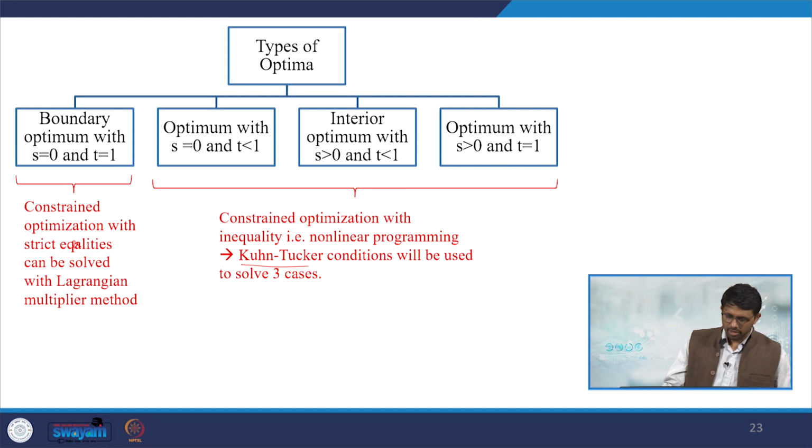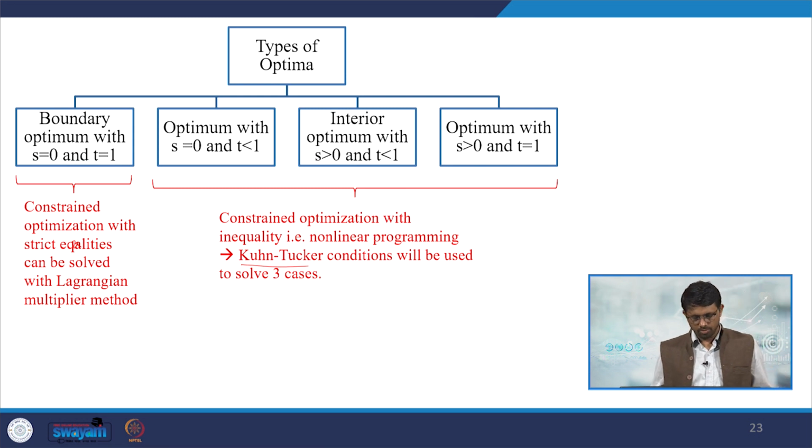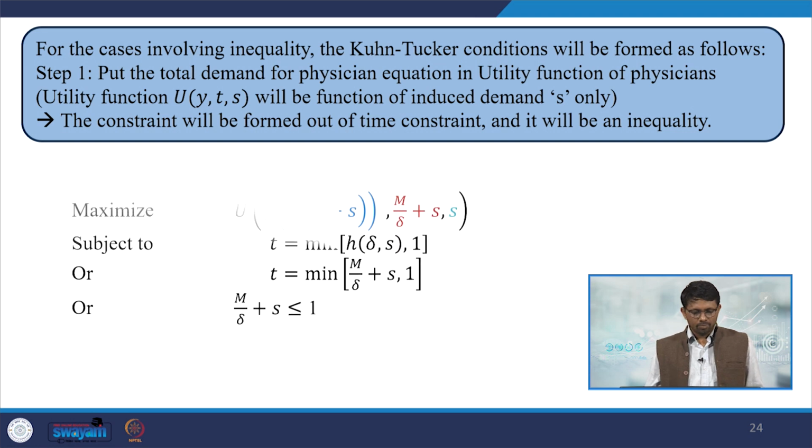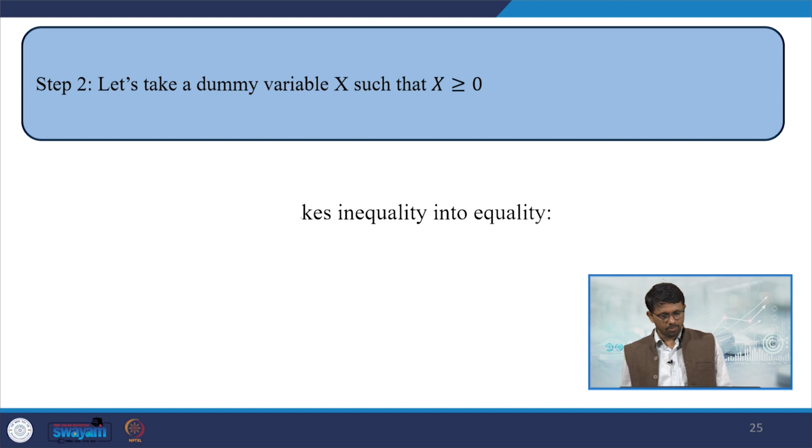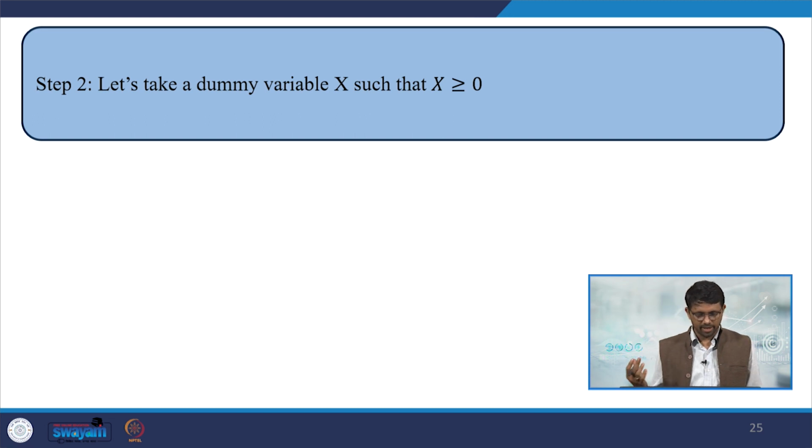So, these three options will be clarified in a short while. I will just clarify these at this moment, then we may proceed to the next class and clarify in detail.